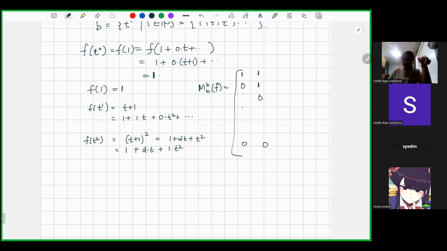For t square, it is 1, 2, 1, and then 0. Right? This is what is happening. I'm right, right? Or are there any mistakes here?